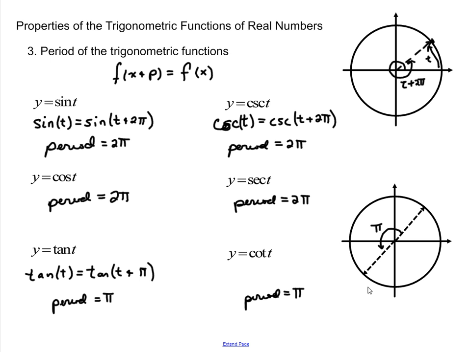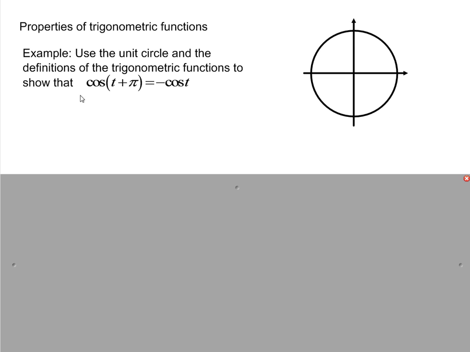Now, this might actually lead you to an interesting example, and let me talk about that example. Let's say that we were asked to use the unit circle definitions to find out what happens with cosine of t plus pi. Why isn't that the same as tangent? Well, in this case, cosine of t plus pi would be the same thing as the negative of the cosine of t.